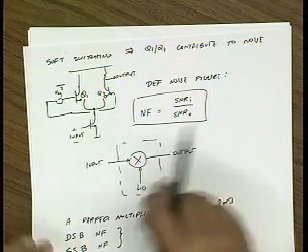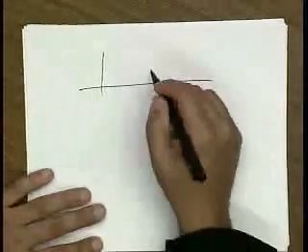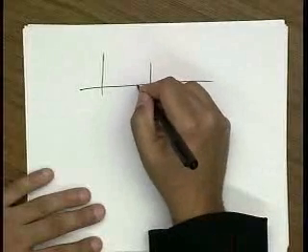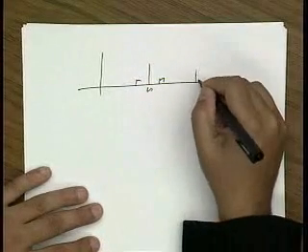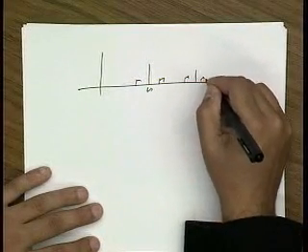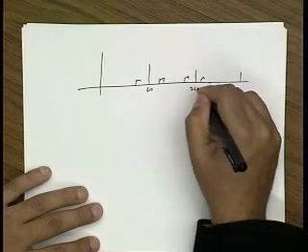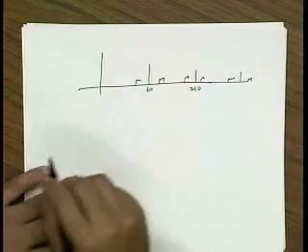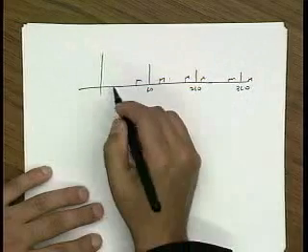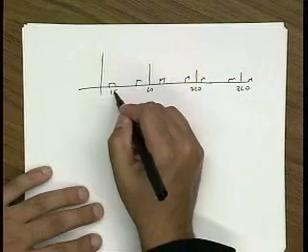It's basically, if you think about it, here's my LO, here's my image bands around the first LO, here's my image band around the second, so this is 2 LO, this is 3 LO, and so on. And they all fall into the same IF.